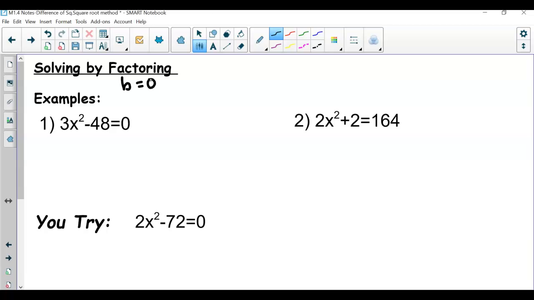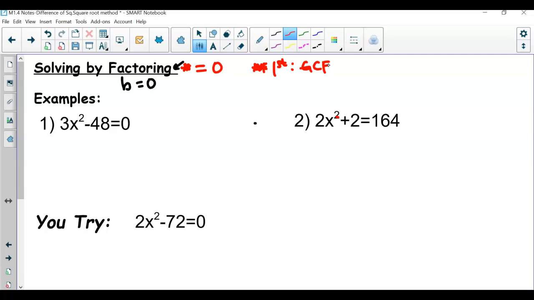So just remember, whenever you're solving by factoring, we need to make sure that our equation is equal to 0, because our y is equal to 0 when solving for x, as well as make sure that the first step is that we're always looking for that GCF. So keep in mind whenever you're factoring that we have those two things here.